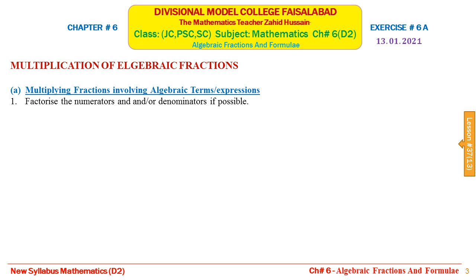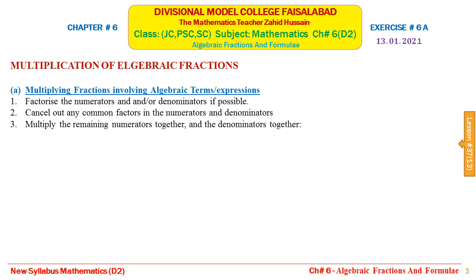Then you will cancel out any common factors in the numerators and denominators, as we did in the simplification of algebraic fractions. Then we will multiply the remaining numerators together and the denominators together. That is, the numerators of all the fractions will be multiplied together, and the denominators of all the fractions will be multiplied together.